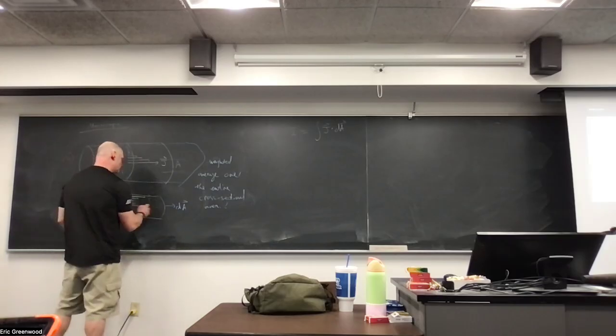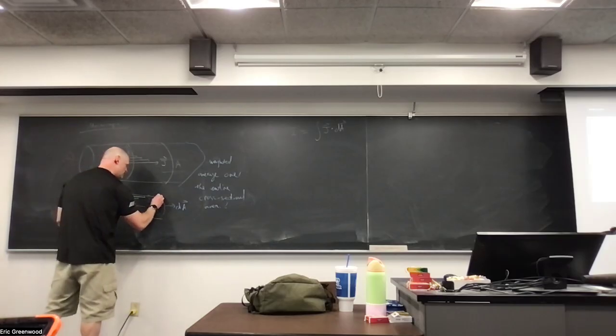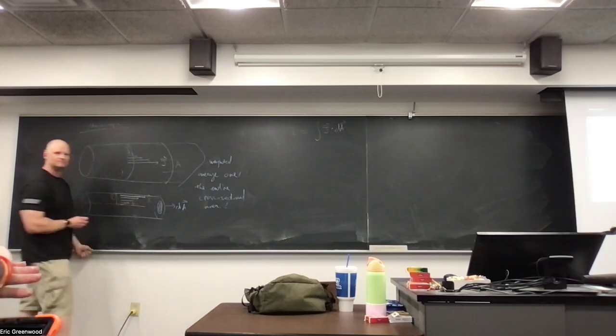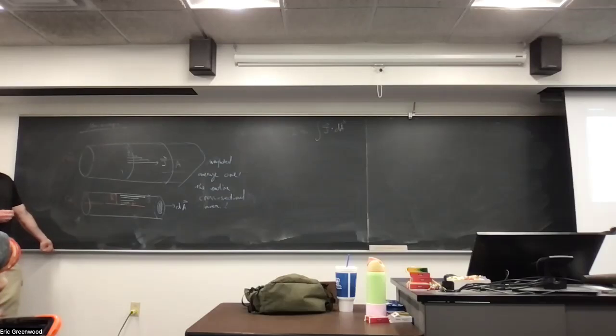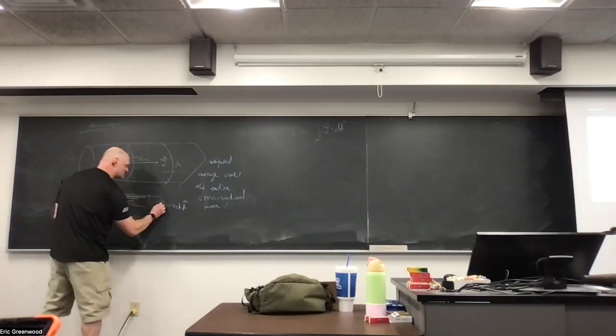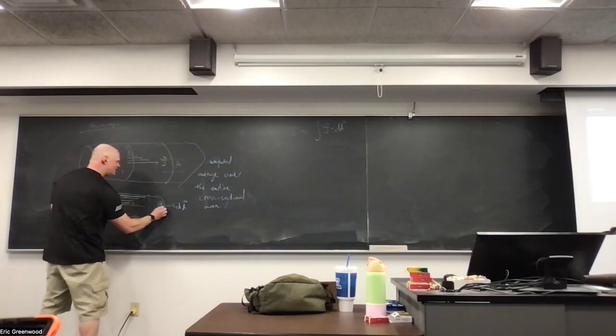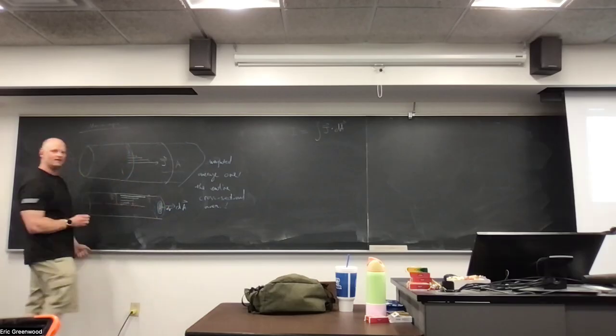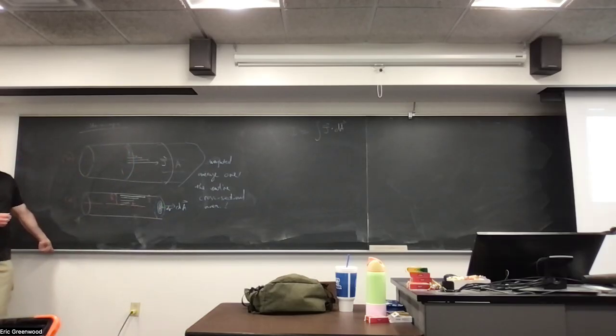So the way we're going to do this is because this thing is r dependent, we're going to take this cross-sectional area and chop it up into a bunch of rings, just like we did before. Each one of these rings is going to be at a radius of r, and it's going to have a thickness of dr. Same thing that we did all those thousands of years ago.